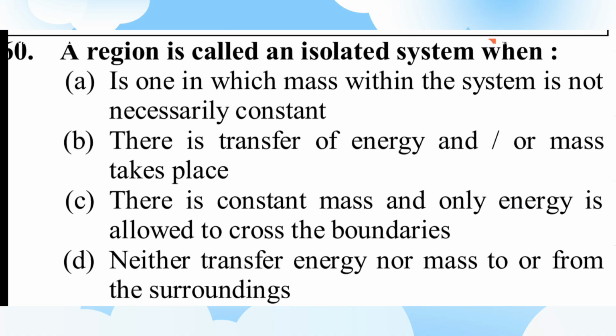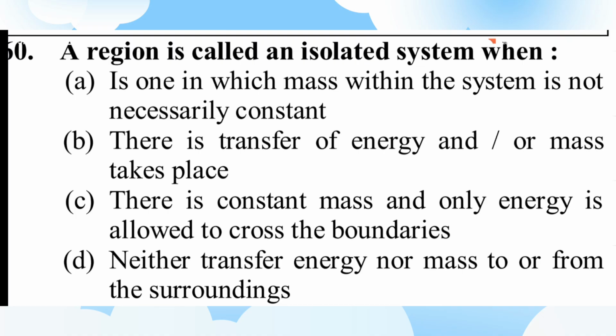Friends, next question: a region is called an isolated system when A the mass within the system is not necessarily constant, B there is transfer of energy and mass, C there is constant mass and only energy is allowed to cross the boundaries, D neither energy nor mass is transferred to or from the surroundings.